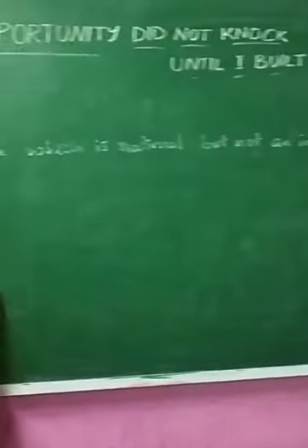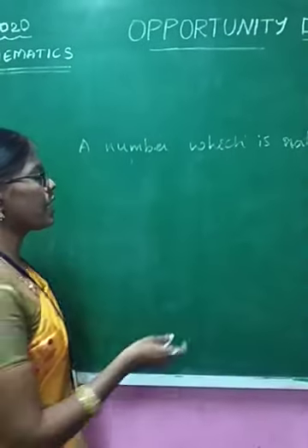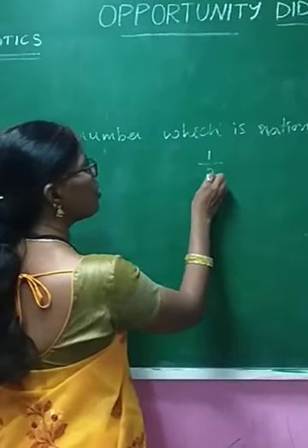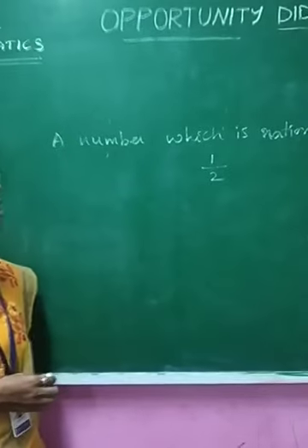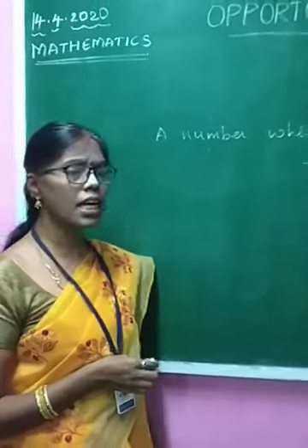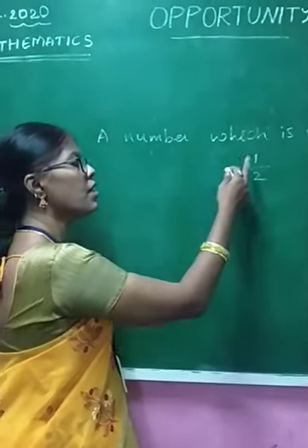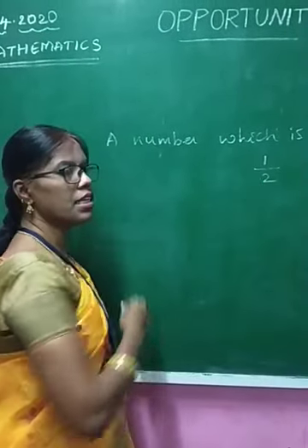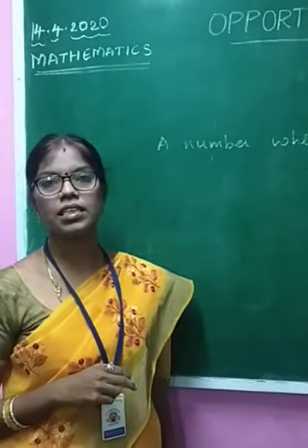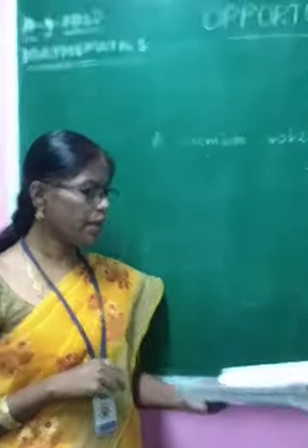For that, what example can we take? We can take 1 by 2. 1 by 2 is a rational number but not an integer. Why? Because 1 is an integer and 2 is an integer, but 1 by 2 is not an integer. It is a rational number.